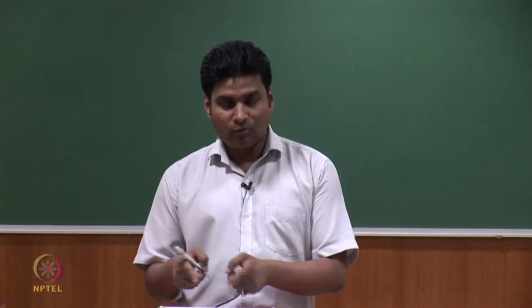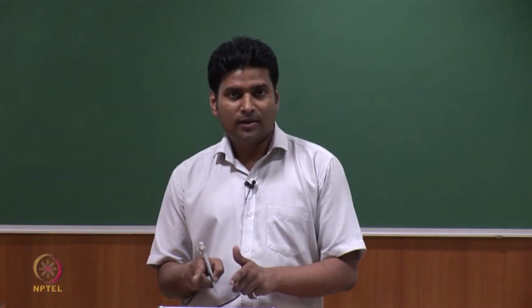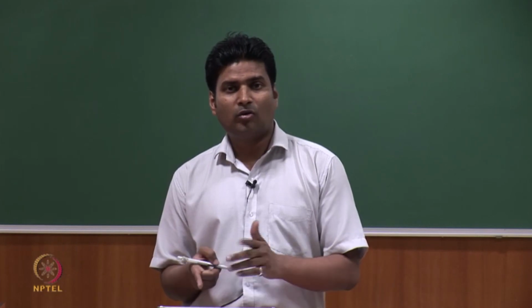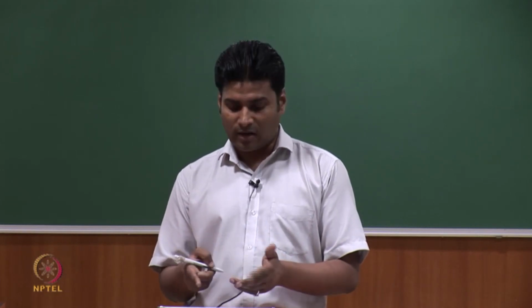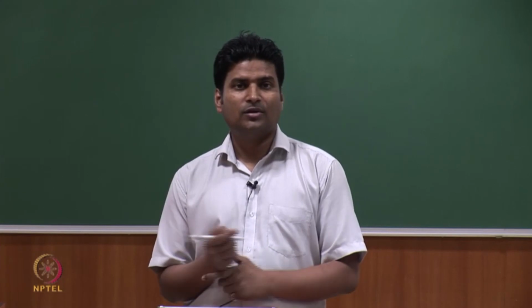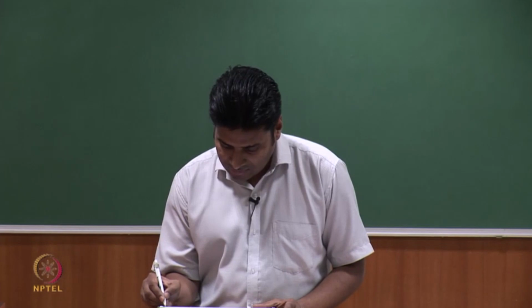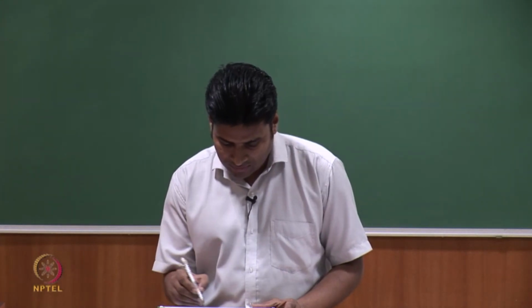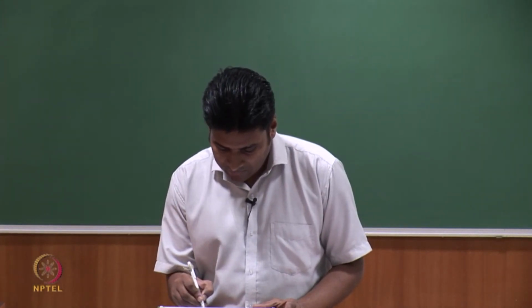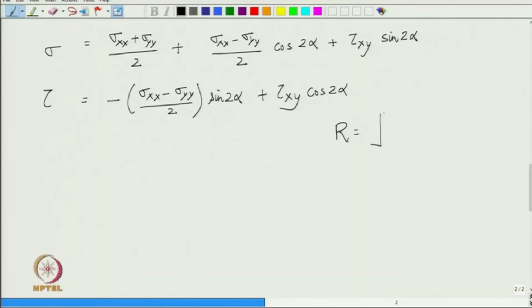Okay. Now, you can see for the expression of sigma and tau that right before us, you have cos 2 alpha sin 2 alpha present there, and the coefficients of cos 2 alpha and sin 2 alpha are flipped for sigma and tau, is not it. So, you can now define something called scalar r is equal to square root of sigma x x minus sigma y y by 2 whole square plus tau x y whole square.